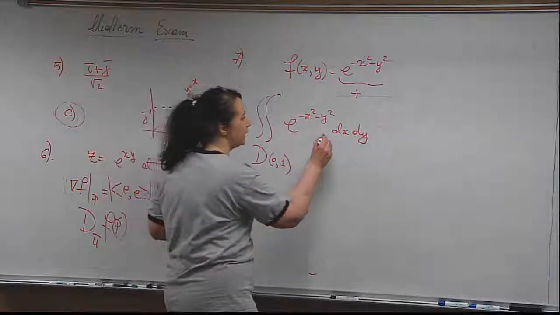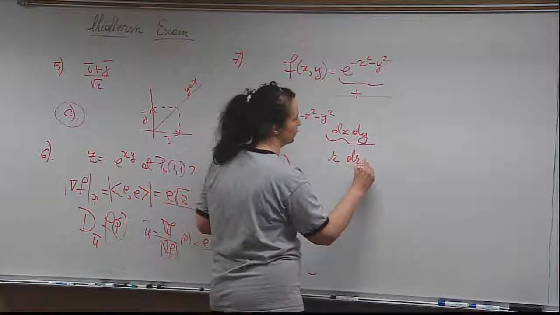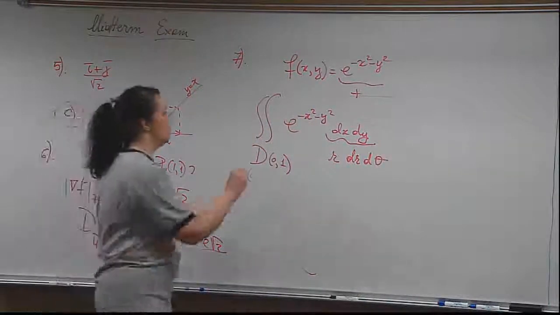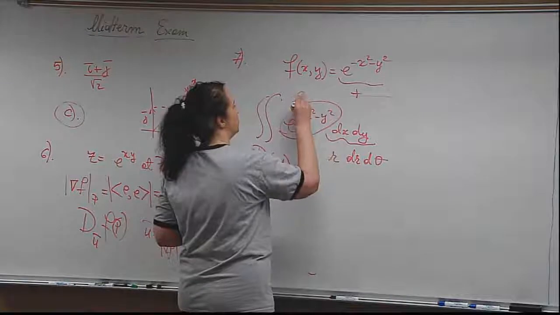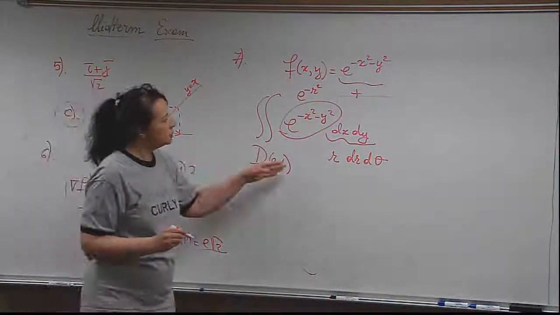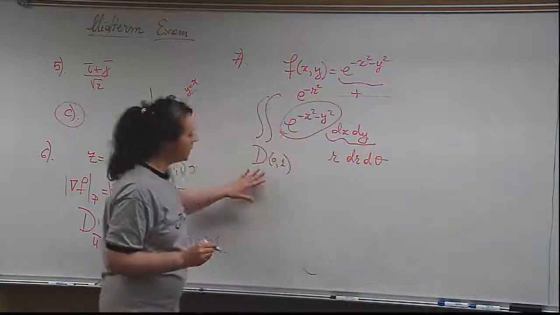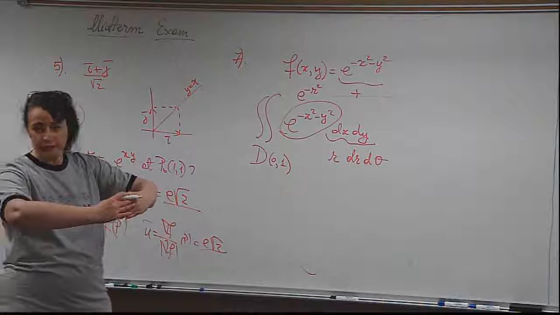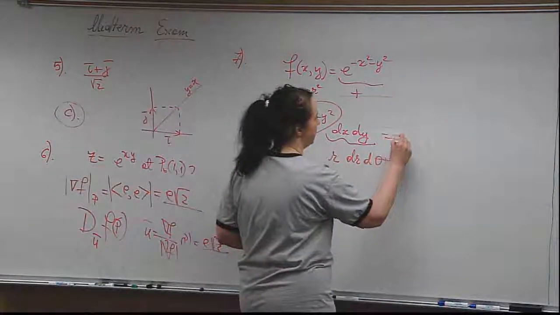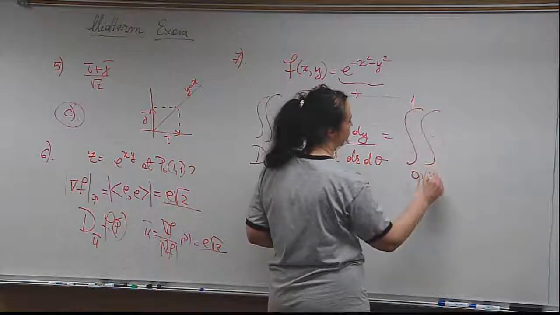We did it with the Jacobian r that changes everything into polar coordinates. So this becomes e to the minus r squared, e to the minus r squared r d theta. Being on a unit disk means the radius goes from 0 to 1. And this is a blessing for us because it's easy. Then we have theta from 0 to 2 pi.